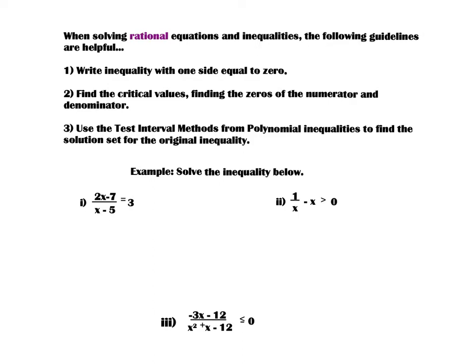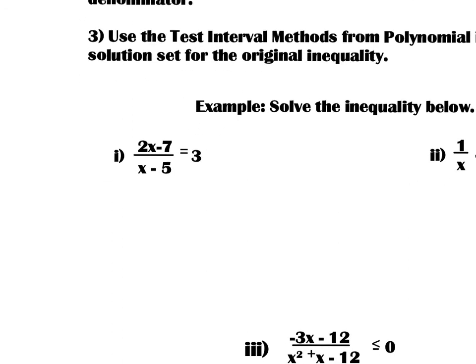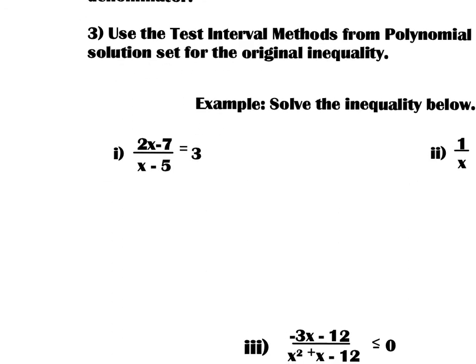So I'm going to start with number 1. This will be an equation, so it'll be a slightly different version than those 3 steps that we just spoke about. But I do want to take step 1 and set one side equal to 0. So I'll take (2x minus 7) over (x minus 5). I'm going to subtract the 3 over and set that right side equal to 0.